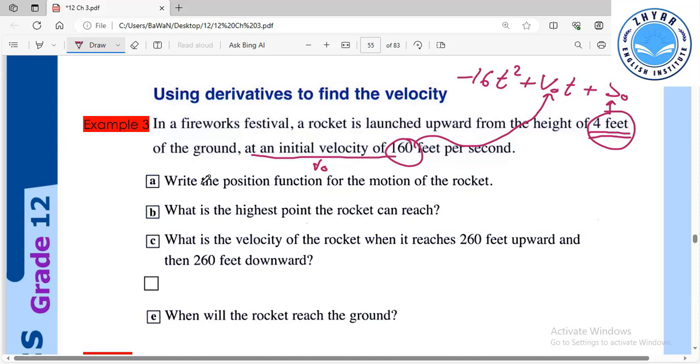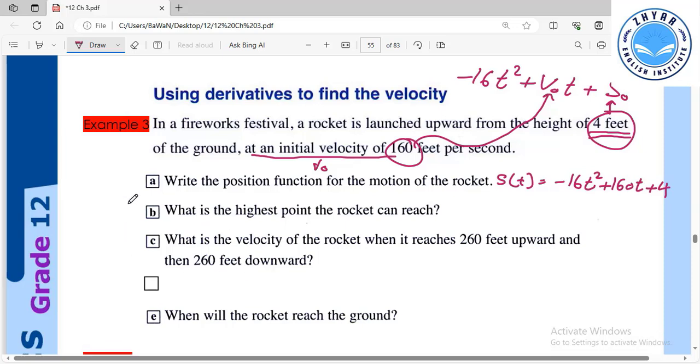Part A. Write the position function for the motion of the rocket. Then s of t, the position function, is equal to negative 16 t squared plus 160 t plus 4. This is the position function.